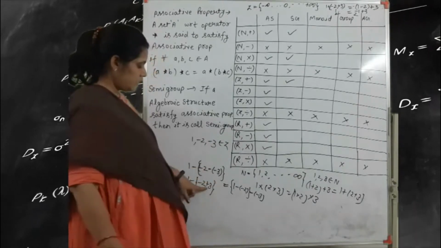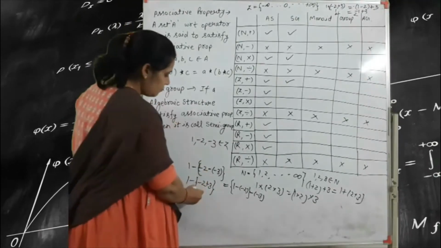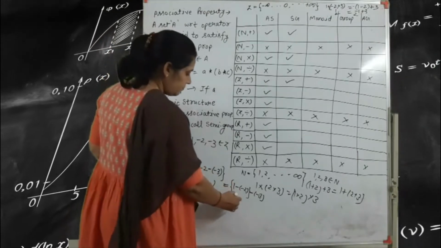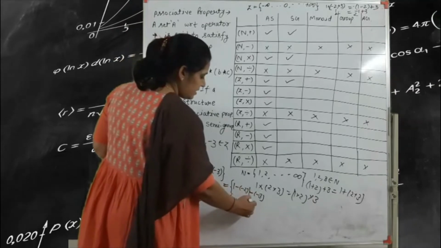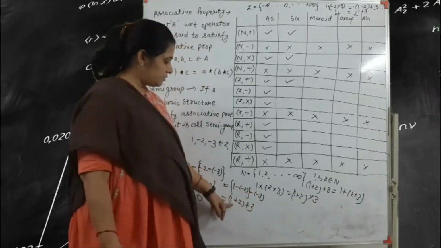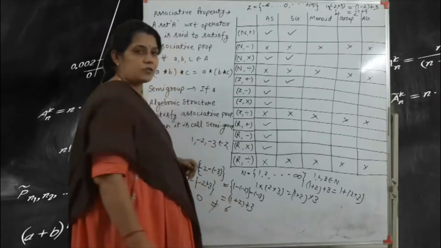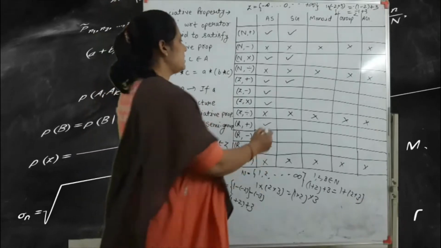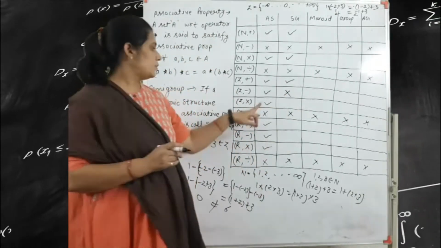That means 3 minus 2 is 1, and here minus 1 minus 3, so we get 0. But here 1 plus 2, and minus minus plus, so 3. So 2 plus 1 is 3, and 3 plus 3 is 6. So this is not equal to 0, not equal to 6. So here Z minus does not satisfy the associative property.